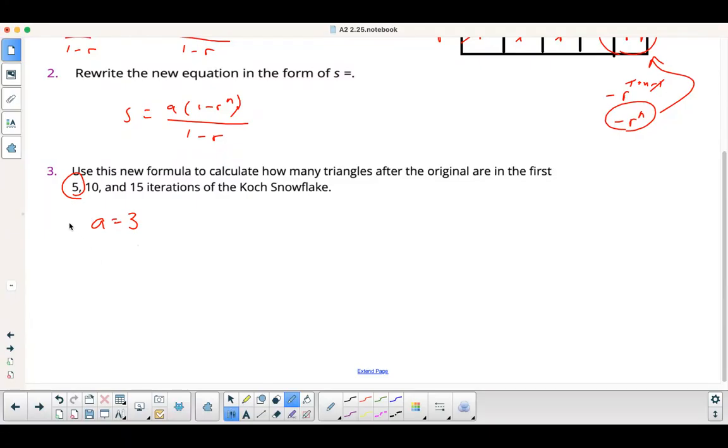For this one, n equals 5. And my common ratio is 4 because we're multiplying by 4. So I'm going to plug them in. 3 times 1 minus 4 to the 5th over 1 minus 4. All right, so I'm going to type that into my calculator.